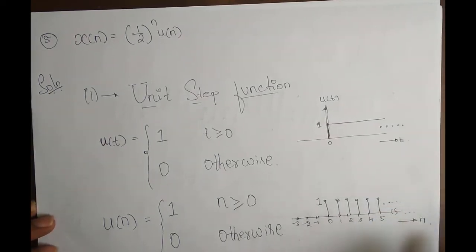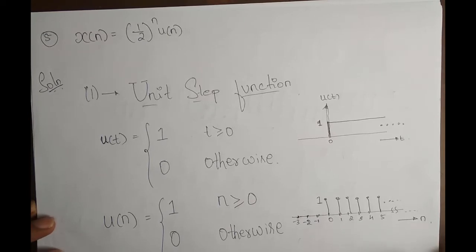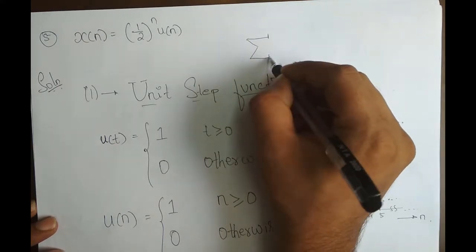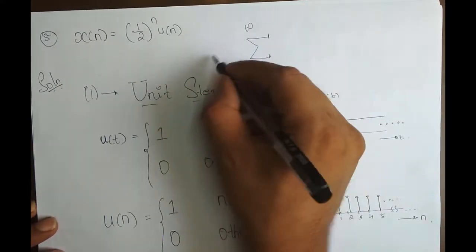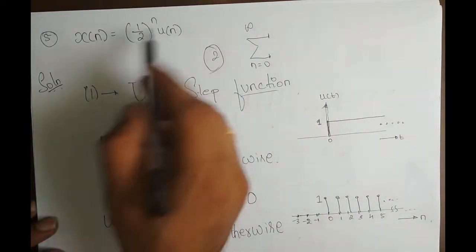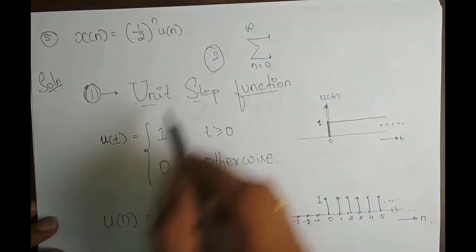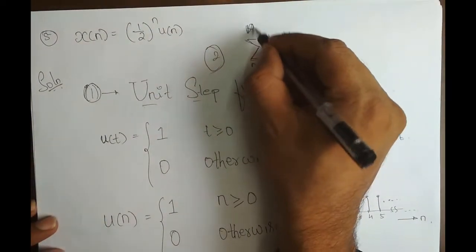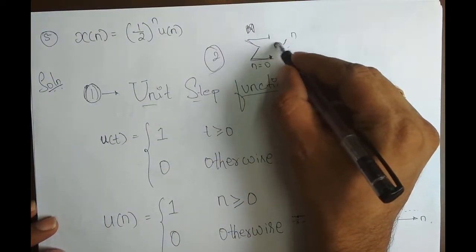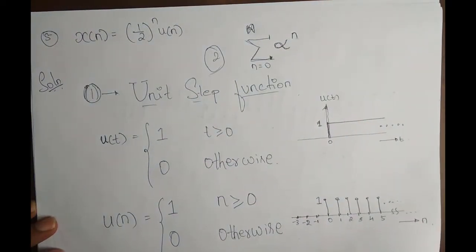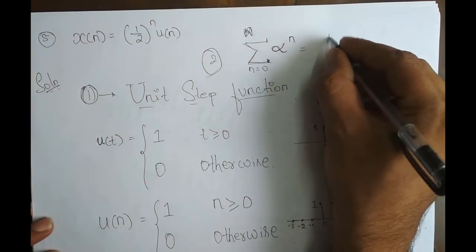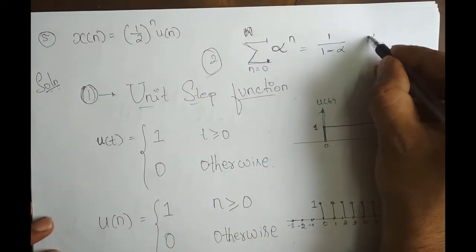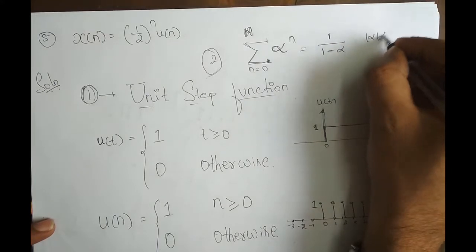Now one more standard result we have to know to solve this problem. To solve it, point number 1 is the unit step function, and point number 2 is this standard result: summation n varying from 0 to infinity of alpha power n is given by 1 divided by 1 minus alpha, provided the magnitude of alpha is less than 1.